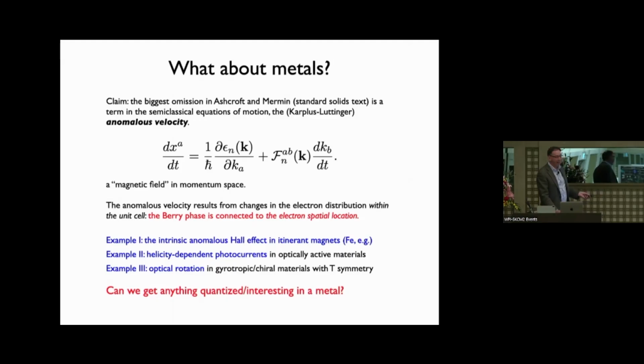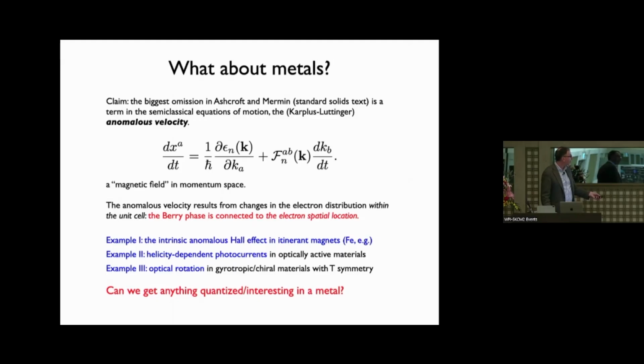So the reason why it's kind of a hard problem is that if you make your metal very clean, you see Fermi surface dominated effects like ordinary semi-classical scattering. If you make your material very dirty, you get localization and you can't really think about momentum eigenstates. But there are about 3 orders of magnitude in iron, say, when what you measure in the Hall effect is more or less this intrinsic geometric term.